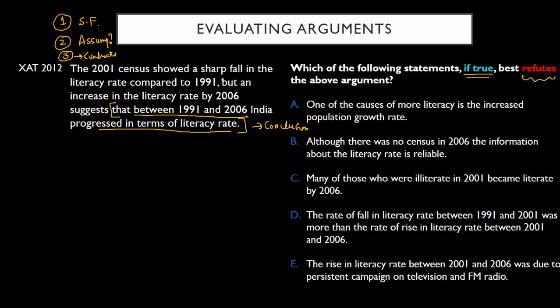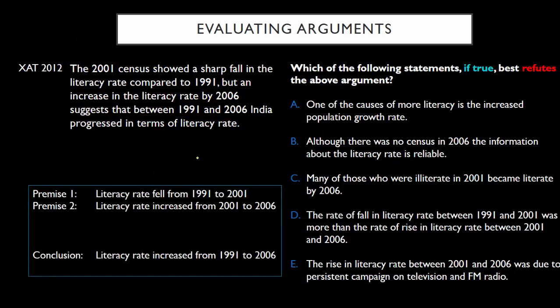What are the premises? There is a sharp fall in literacy rate in 2001 as compared to 1991, but after the sharp fall there has been an increase. So there has been a sharp fall from 1991 to 2001, but after that there has been an increase till 2006, and it is concluding that India progressed in terms of literacy rate from 1991 to 2006. So that is the argument.